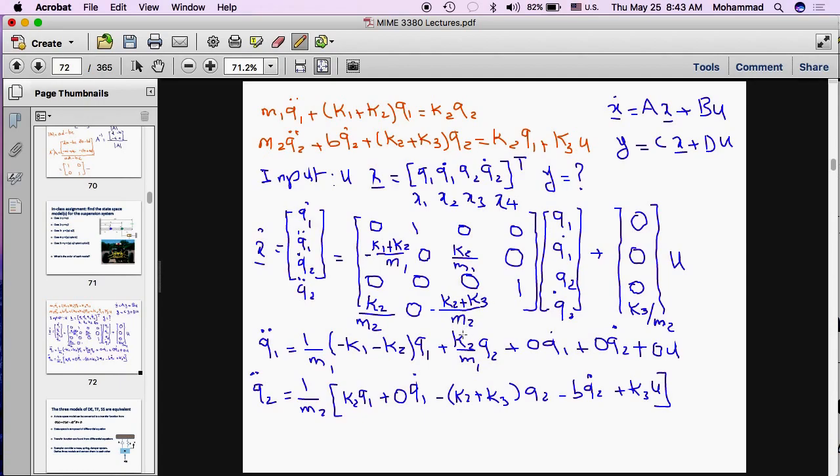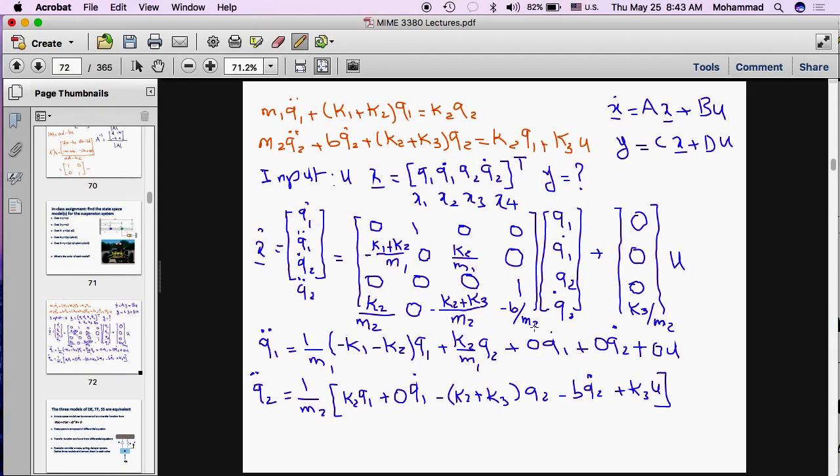So that's what is multiplied by Q2. And the last thing is what is multiplied by Q2 dot. So that is, what is it? It's minus B, also divided by M2. We got it.